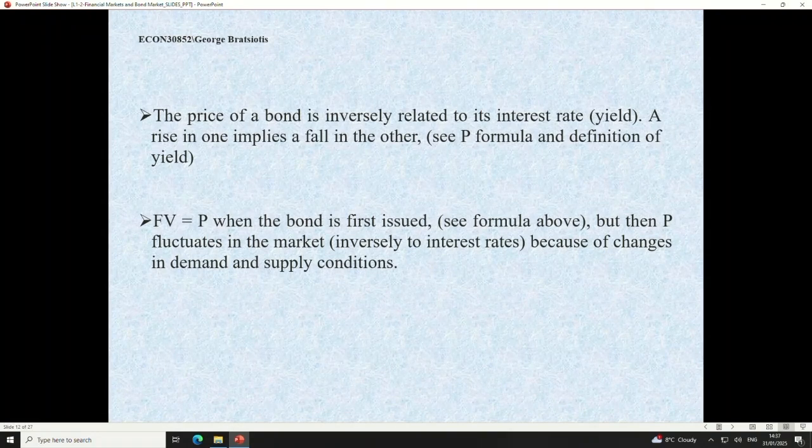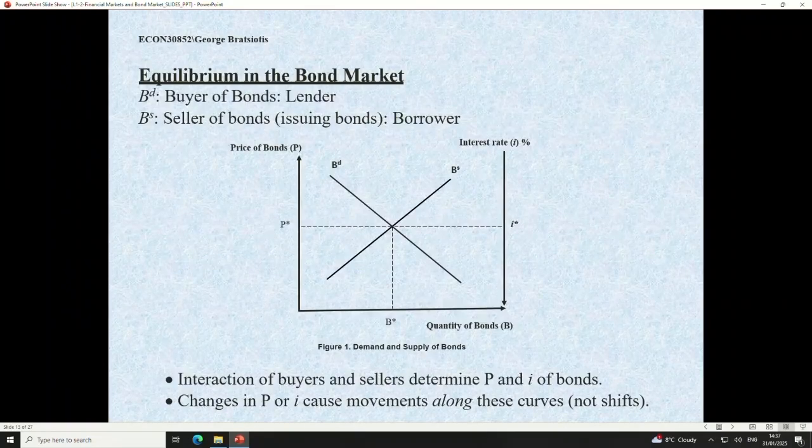So what will determine from then on the price and therefore the interest rates of a bond? It's down to good old demand and supply, right? So we economists like to see price on this side and quantity on this side, so I'll stick to it for now.